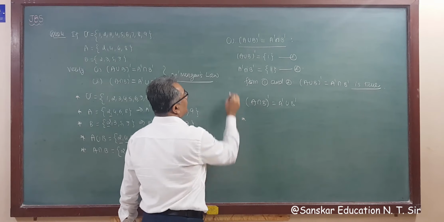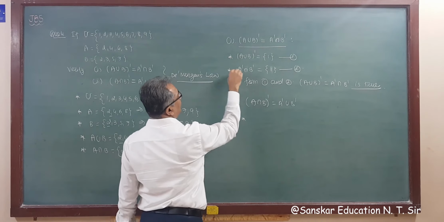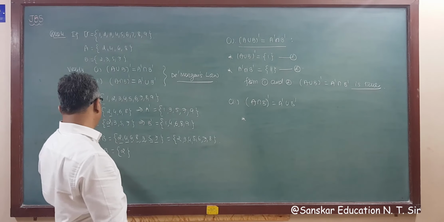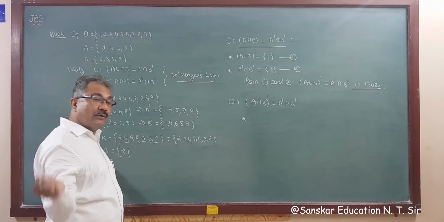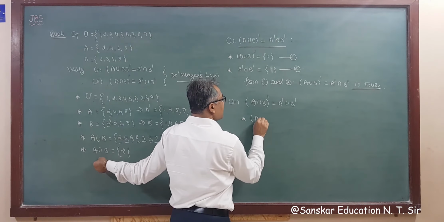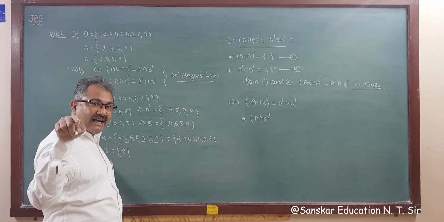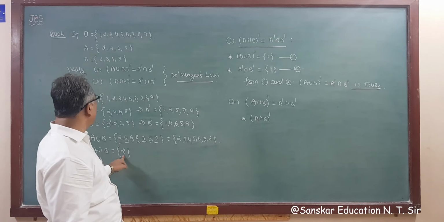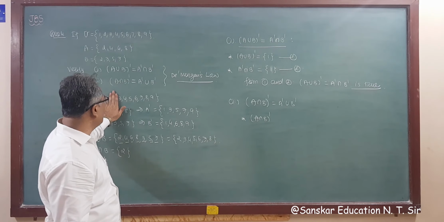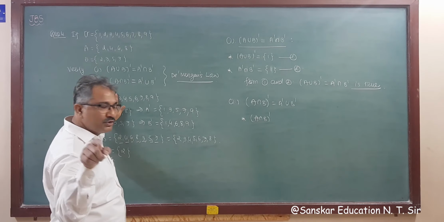Now first we require A intersection B, that is here. Now A intersection B whole dash means the set of all elements which are in U but not in A intersection B. So except 2, all elements of U, that is 1 to 9 but not 2.